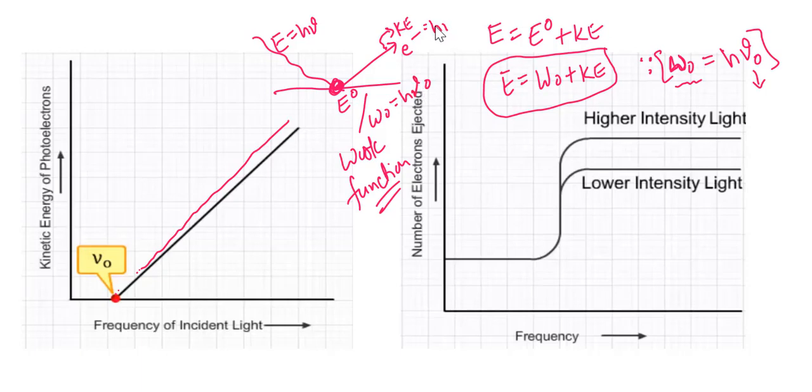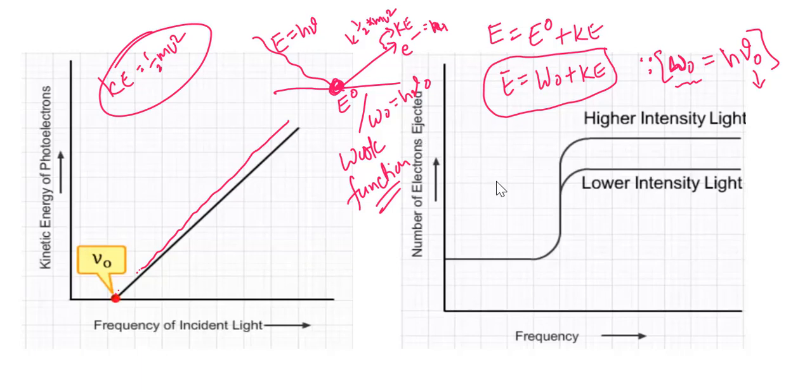This is the half mv square. K is nothing but half mv square, so K equals half into mv square, h nu minus h nu naught.